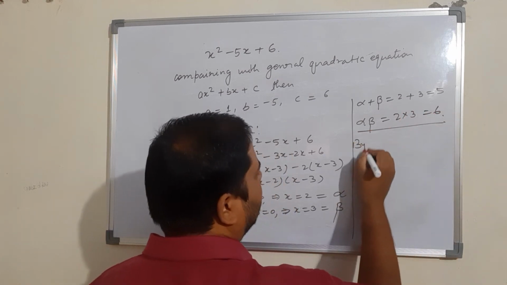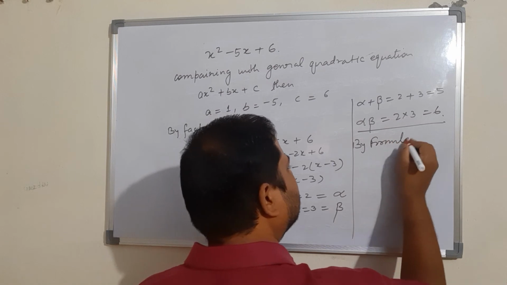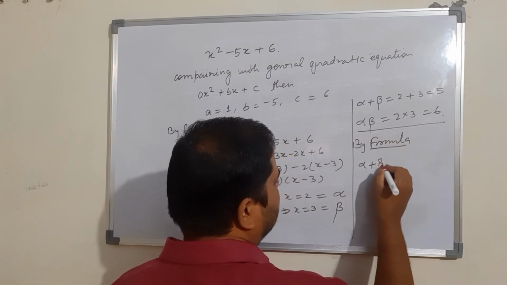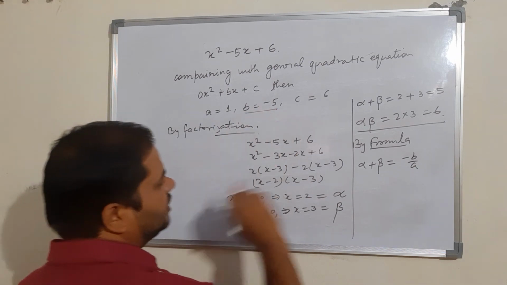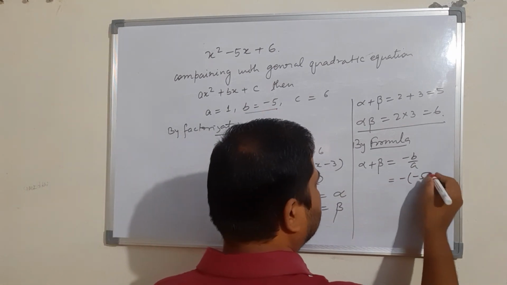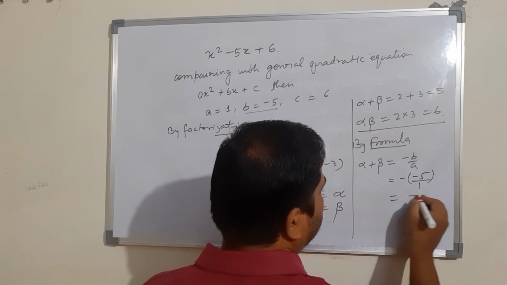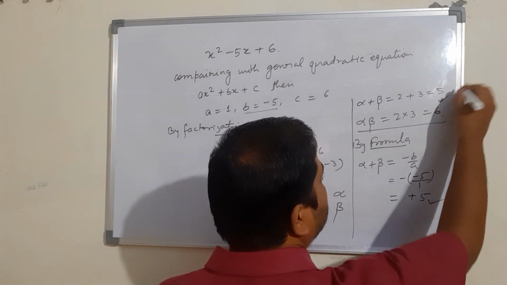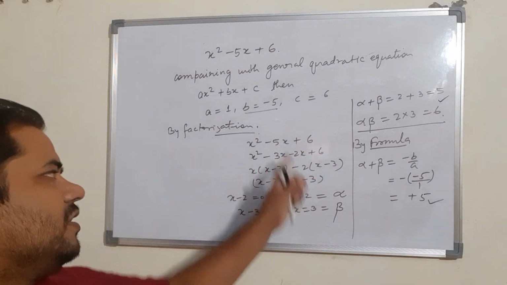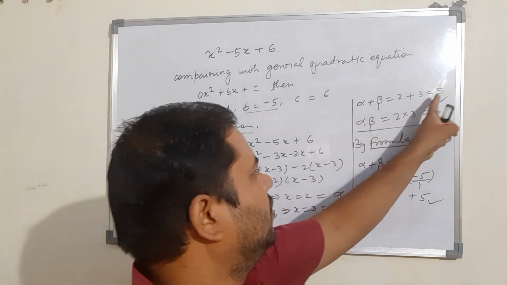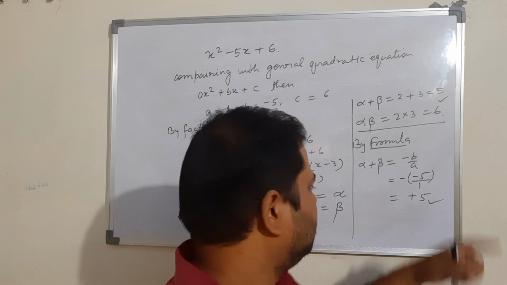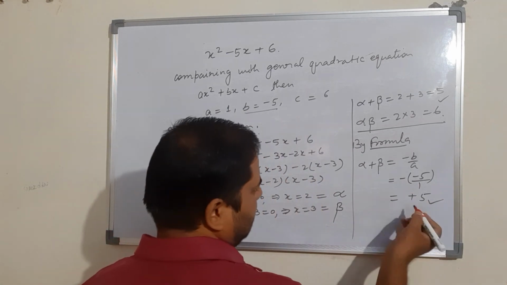Now by the formula, alpha plus beta is minus b by a, and b is minus 5, so minus of minus 5 by 1, which is again 5. So alpha plus beta manually, after putting the zeros of the polynomial, we get 5, and by the formula we also get 5.